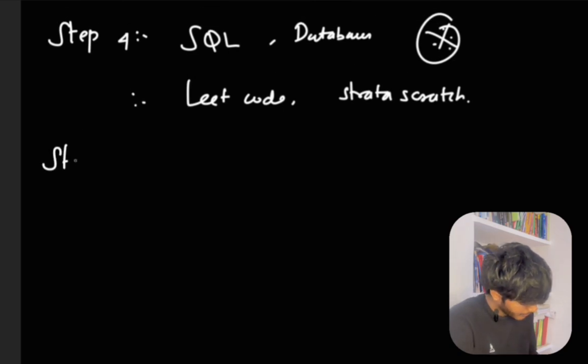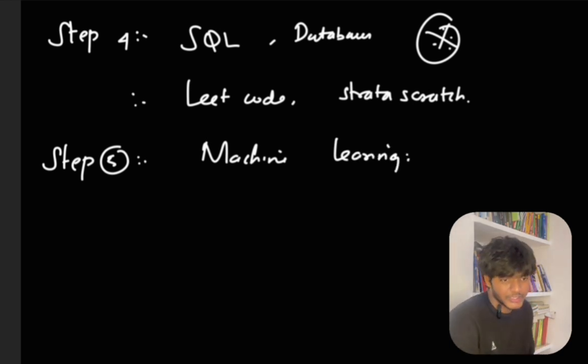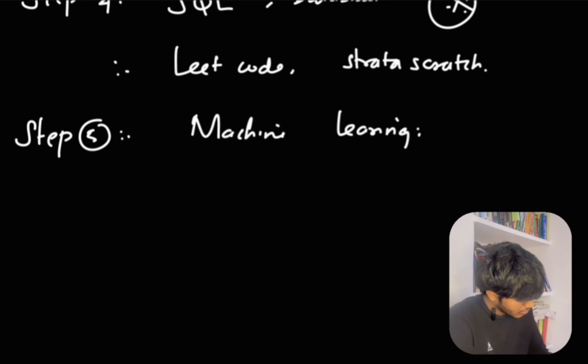And what is step five? Machine learning. So what is machine learning basically? You're giving a computer data to read and to study, right? In machine learning, you have to study basic algorithms or basic models.